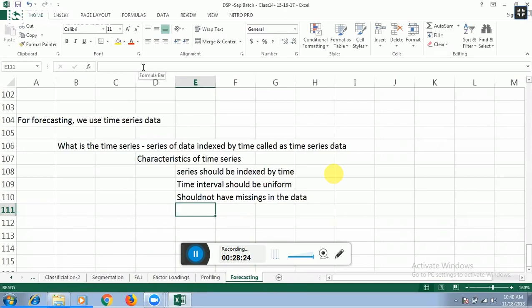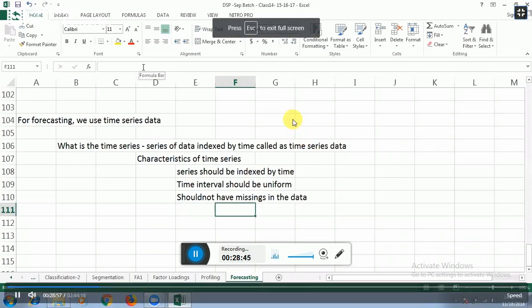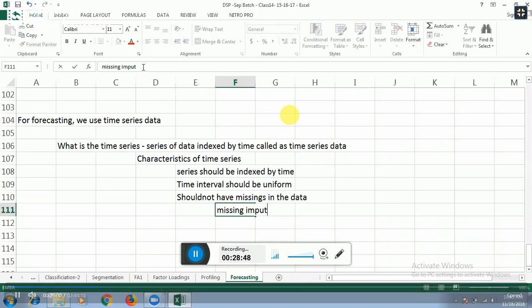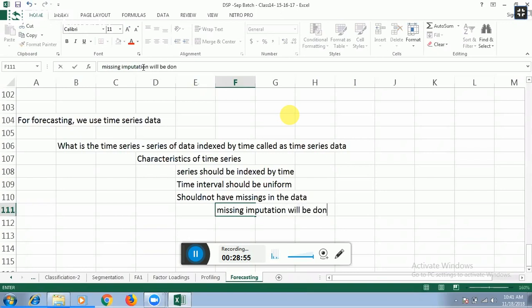It means, suppose you have data from January 2017, but for some reason your June 2017 data is missing. You should not have that. If there is a missing value, you need to impute it with an appropriate value. So missing imputation will be done, but not similar to cross-sectional data. Missing imputation will be done as follows.